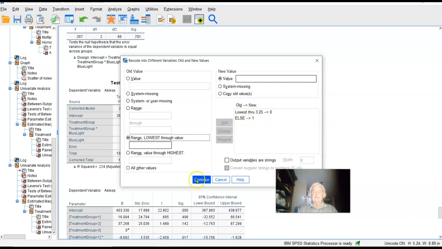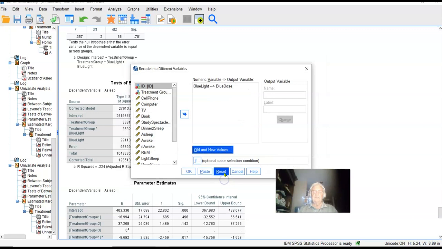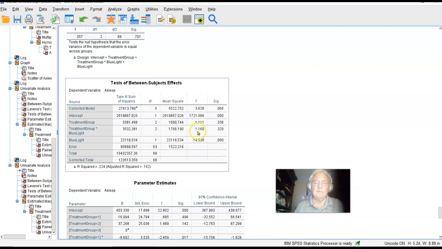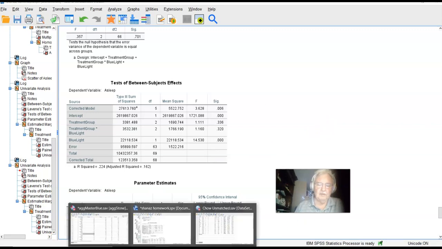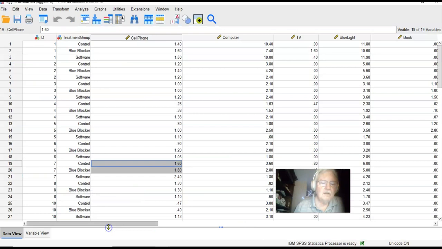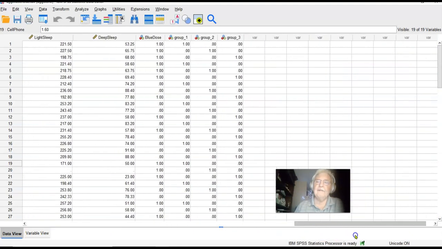So now we have a new variable in our setup, and it's called blue dose.